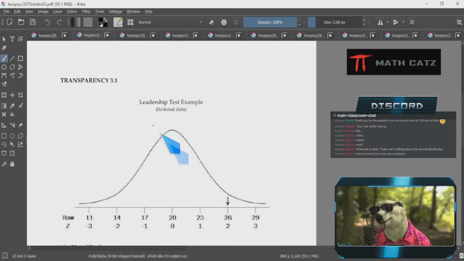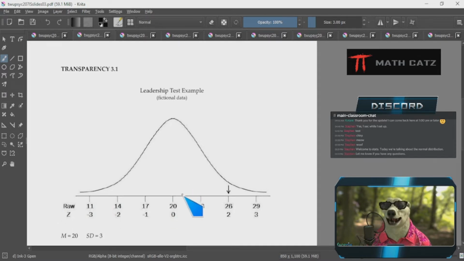And if I do the same thing over here, let me just move up a touch. There we go. This one has a mean of 20 and a standard deviation of 3. So depending on the variability, how people responded, the standard deviation is not the same. The standard deviation in itself is a measure of the distribution. Now, in this case, a score here of 26 sits 2 standard deviation steps above the mean.